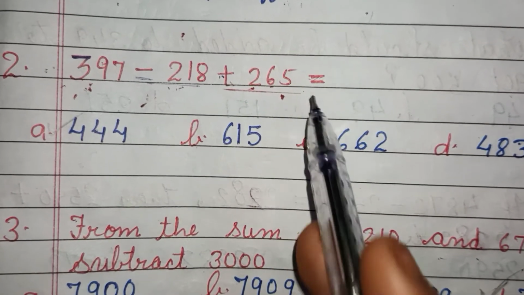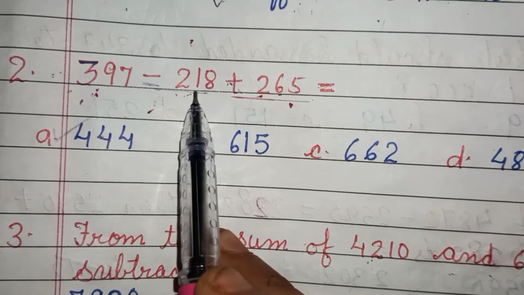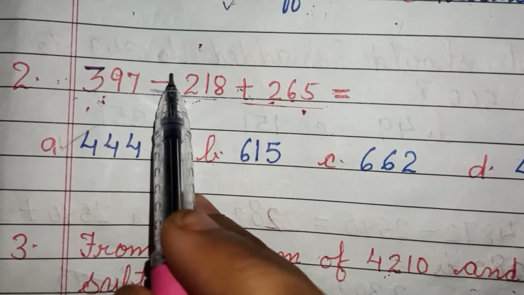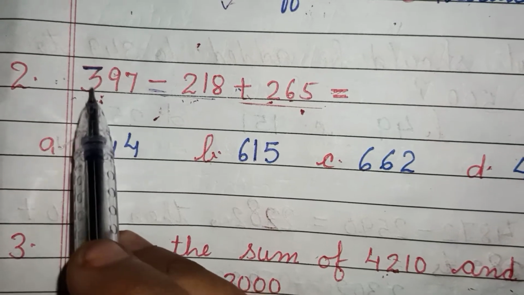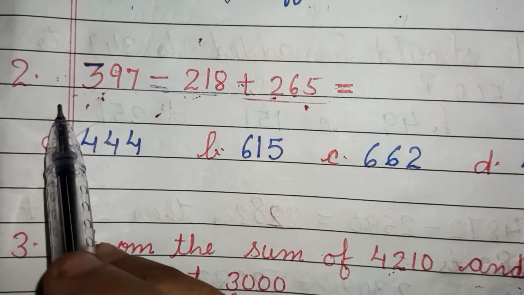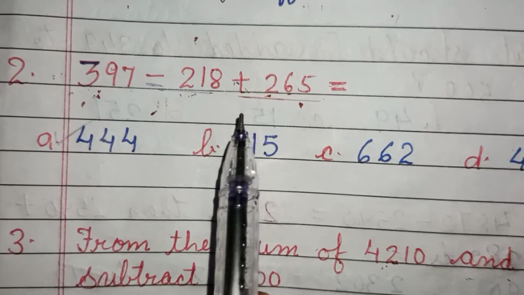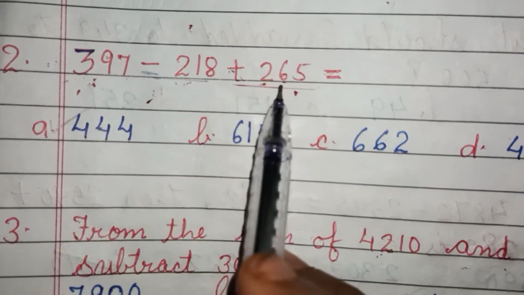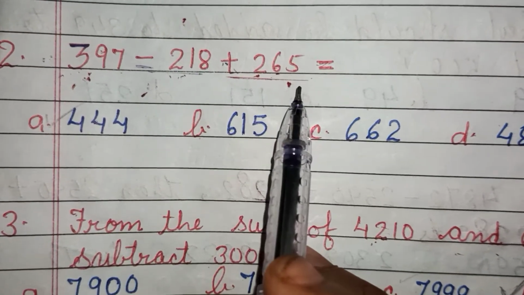Therefore we cannot add it, because before 218 there is the sign of minus, and there is no sign before 397, so it is taken as a plus sign. So this number 397 and this number 265, first we will add.